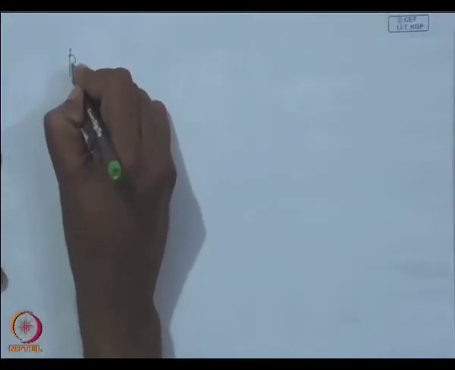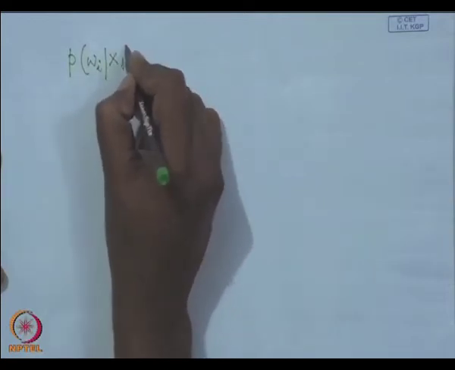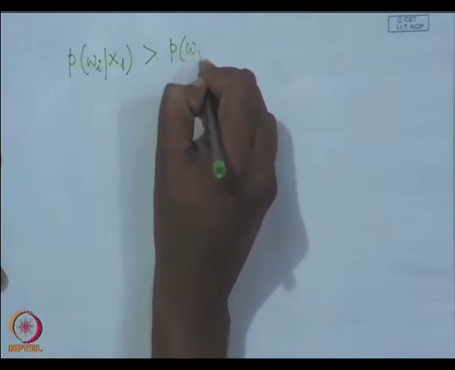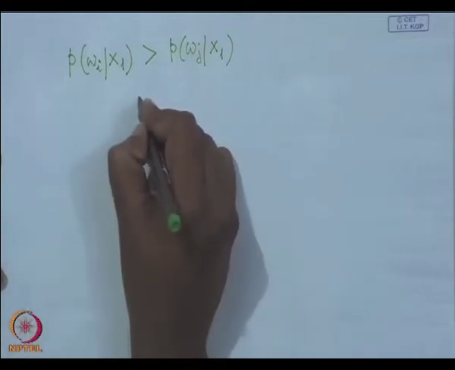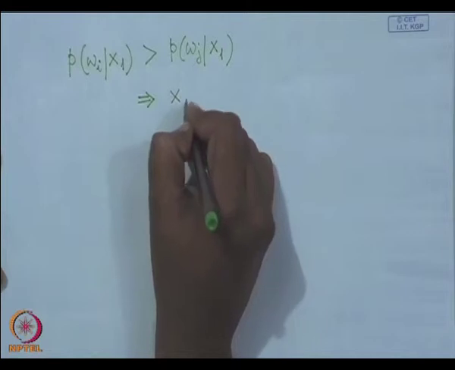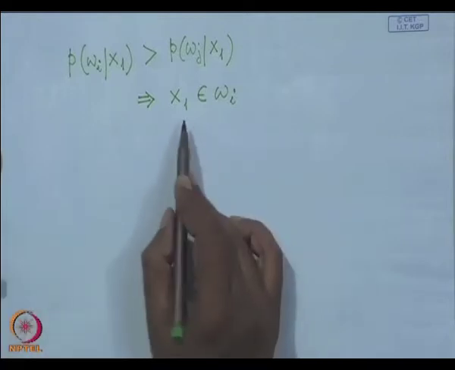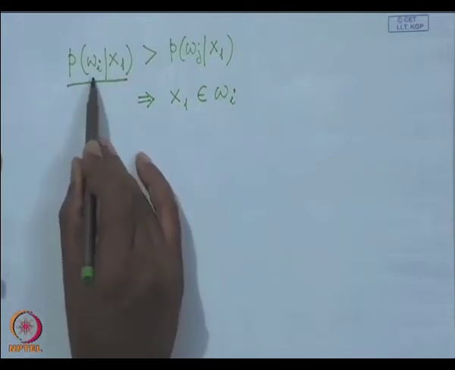If you look at what the Bayes classification rule says, it is simply P of omega I given an unknown sample say x 1, if it is greater than P of omega j for the same unknown sample x 1, then we decide that x 1 belongs to class omega I. So, what I need to know is this a posteriori probability P of omega I given x 1.